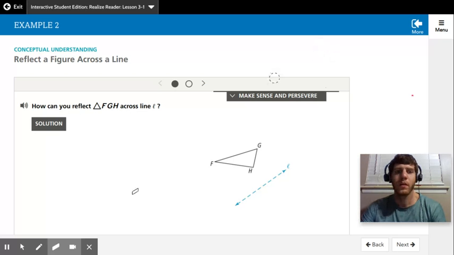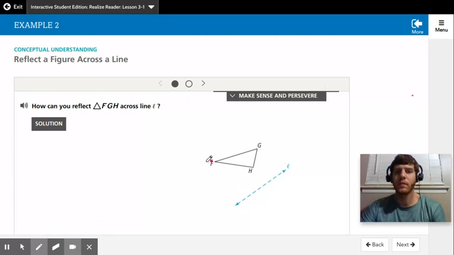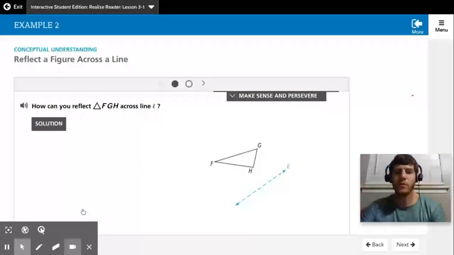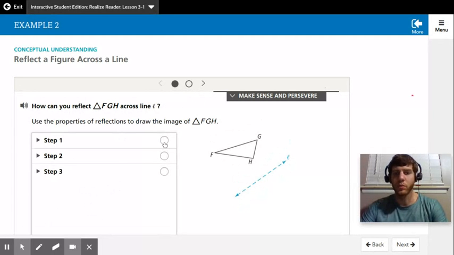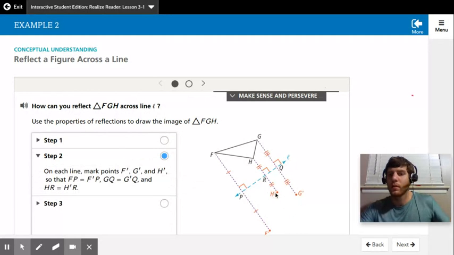So we want to reflect across the line L here. We want to reflect FGH. Really this is more of a construction problem. You're going to have to use a ruler and a protractor, and construct a perpendicular line. You would construct a line that's perpendicular from H to line L, and then you would have to find a point that's the same distance away. If you had a ruler and HR was 3 units away, you would want to then make H prime 3 units the other way across the line.